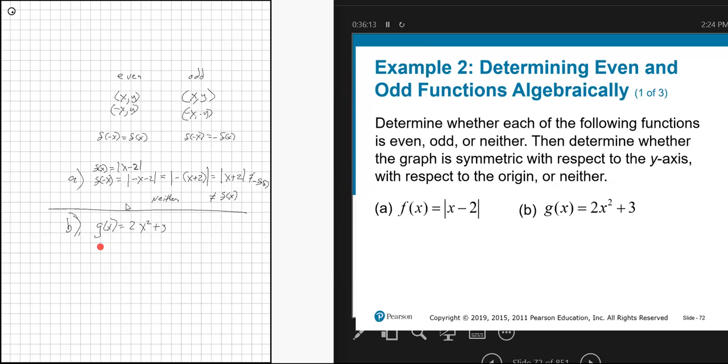Okay, and so now I want to do g of negative x, which means in place of x, I'm going to put negative x. What I'm doing to x is squaring it. So I'm going to square negative x, and then multiply it by 2. The first thing I want to do is square the negative x. What happens when you square a negative number? What happens to the sign?